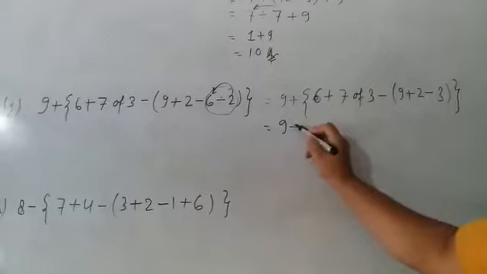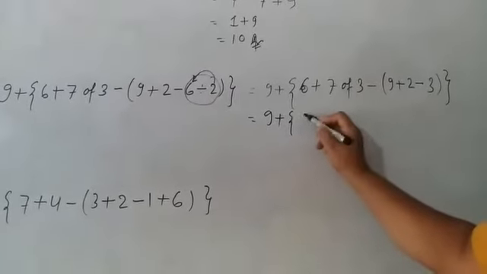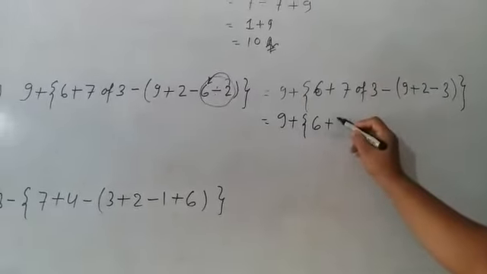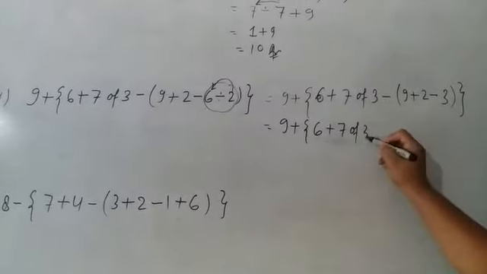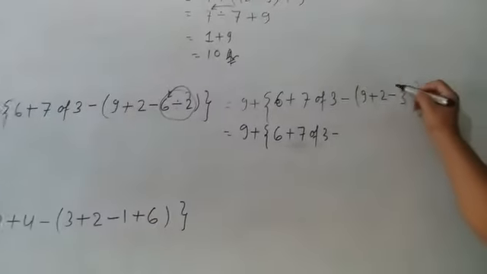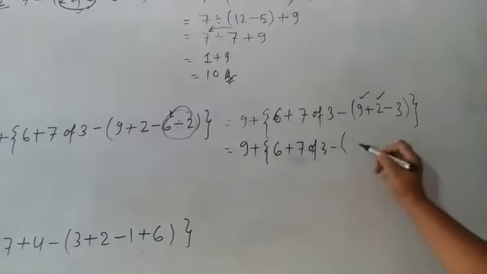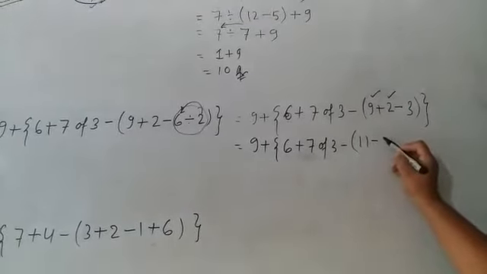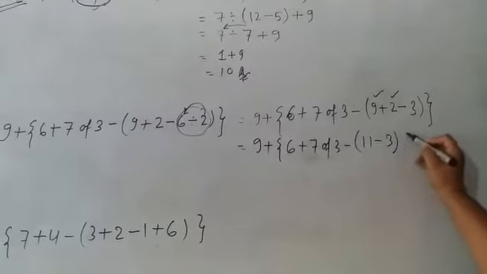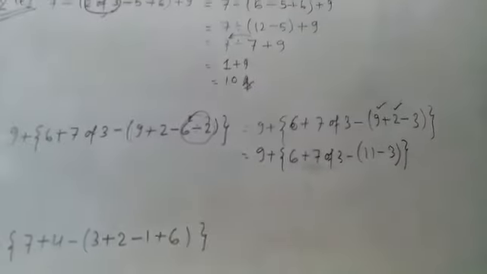Now 9 plus curly bracket 6 plus 7 of 3 minus, now you add these two because they are the plus, same sign. Okay, so here 11 minus 3 small bracket close, curly bracket close.